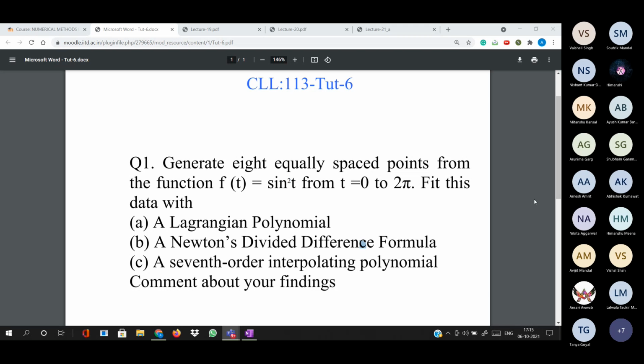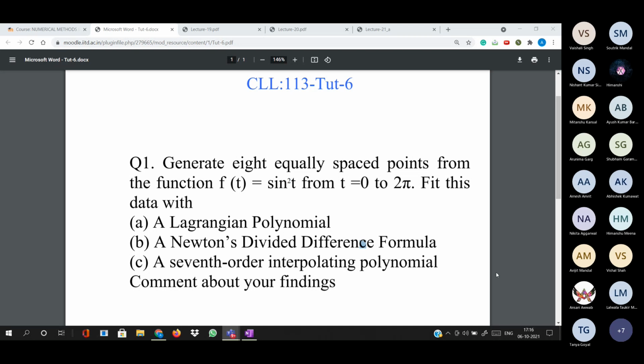So would someone like to come ahead and explain what has been asked in the question, what we need to do?